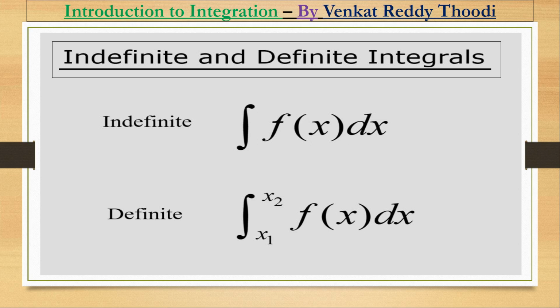Now you can see that integration has two parts: one is indefinite integration and the other is definite integration. Indefinite means we are going to find the sum, but we don't know the limits. For example, take 1, 2, 3, 4, 5. If our teacher asked us to find the sum of any 3 digits, we may take 1 plus 2 plus 3, or we may take odd numbers, so we will all get different answers.